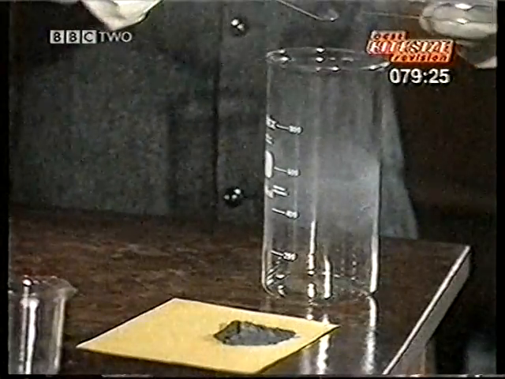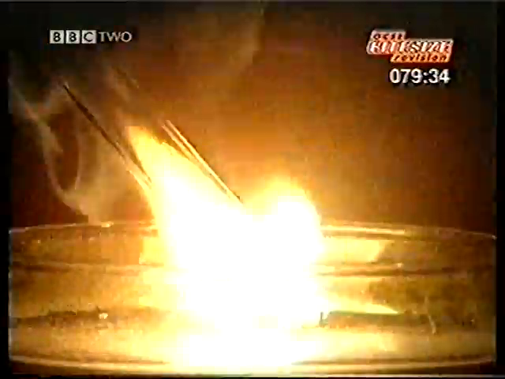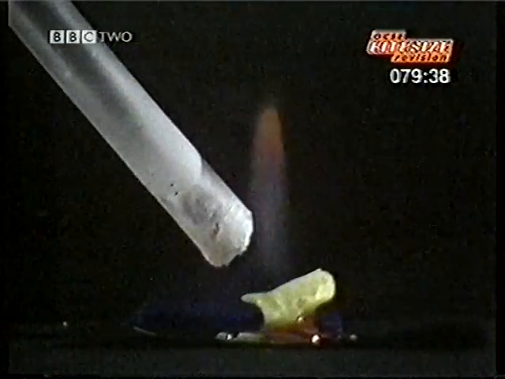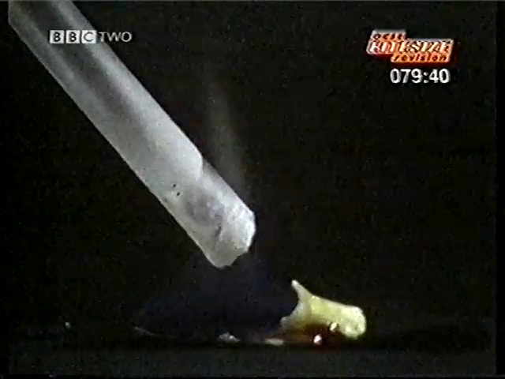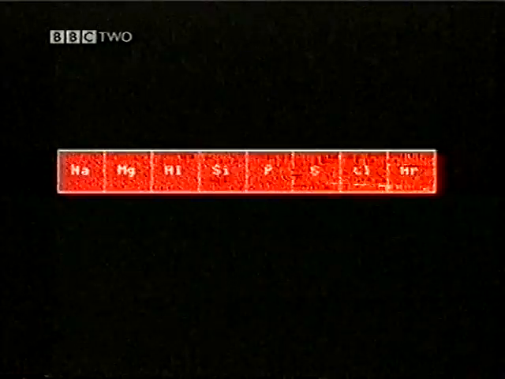This is silicon and fluorine. This is phosphorus and fluorine. And this is sulfur. It may not look it, but there is a pattern. A pattern in the formula of the compounds.